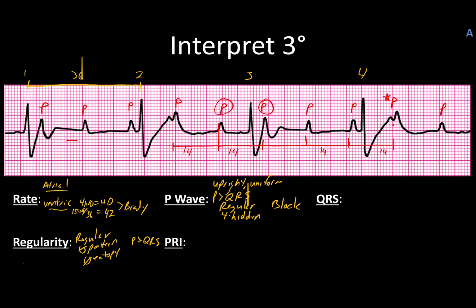We'll do the PRI measurements. That first one comes out to about 3. Our second one, which actually we'll just take from here to here, gives us 10.